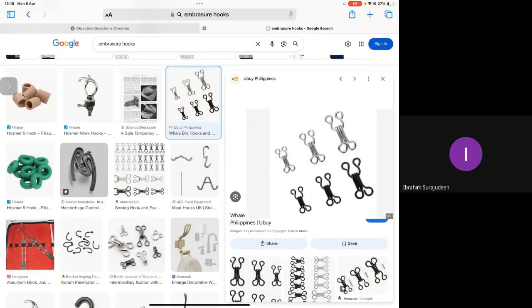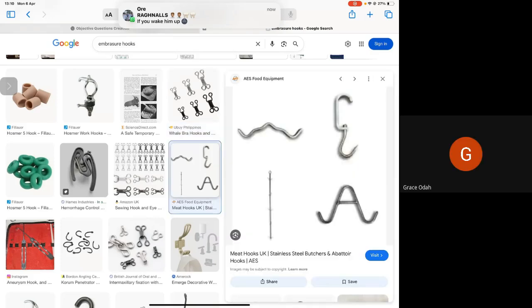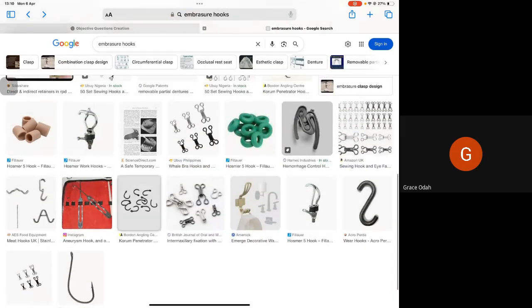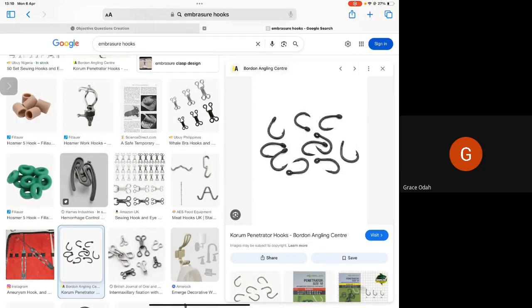So the question wasn't this. I'm asking, in our normal fabricated Hollies, what parts look like any of these on the screen? No, ma. Exactly, because the simple components of a Hollies are your labial bow and your Adam's clasps. That's all. Is there any other thing inside the Hollies?